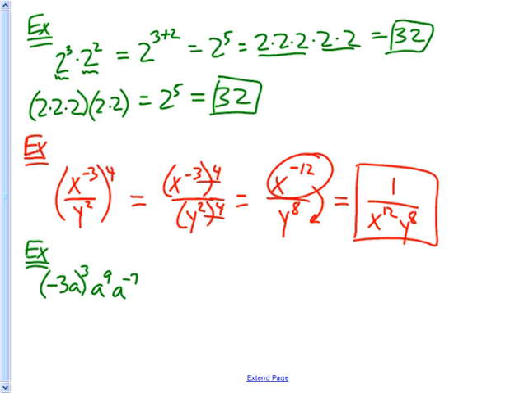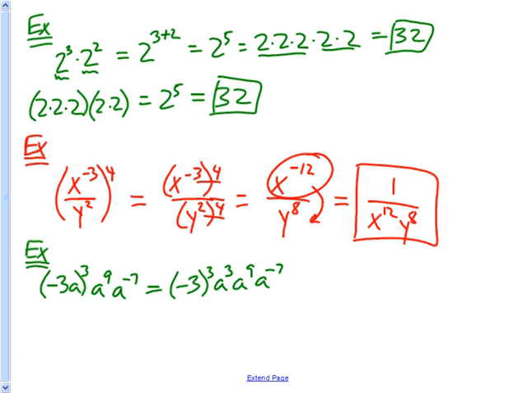Well, we got a power of a product. So that to the third pertains to not only the negative 3, but also to the a. So this becomes negative 3 to the third, a to the third, a to the ninth, a to the negative 7th, right?